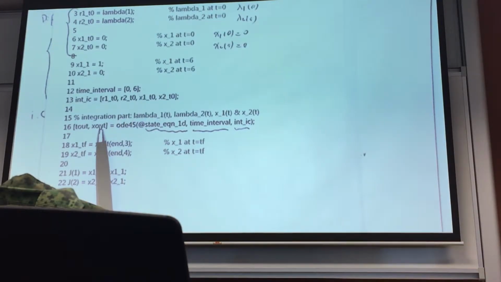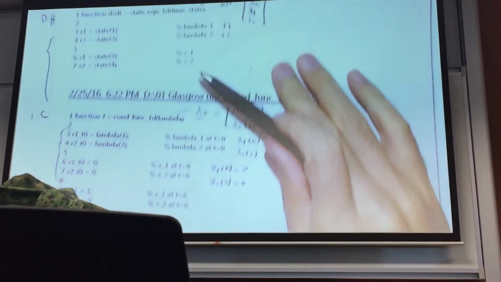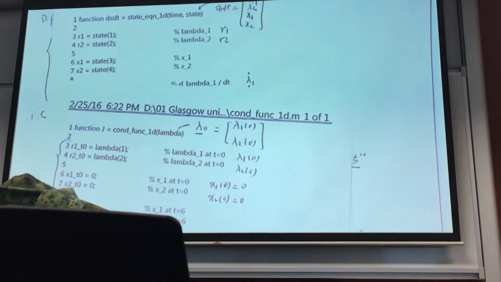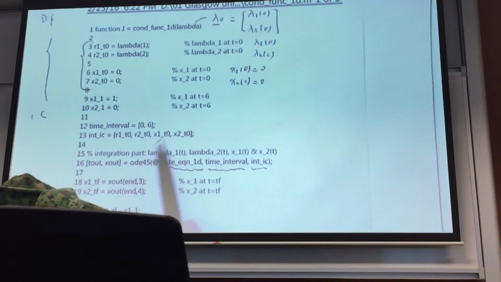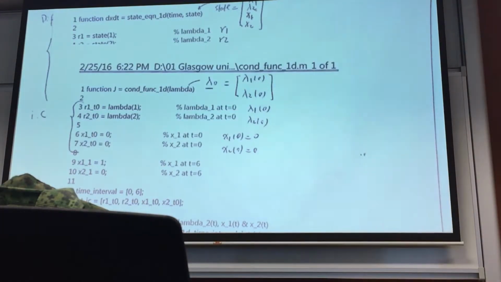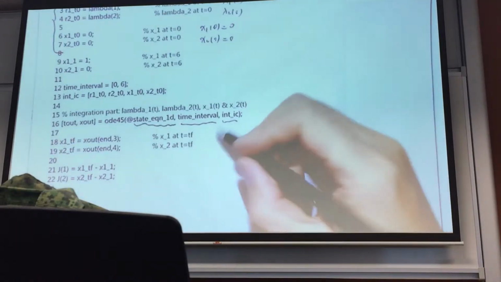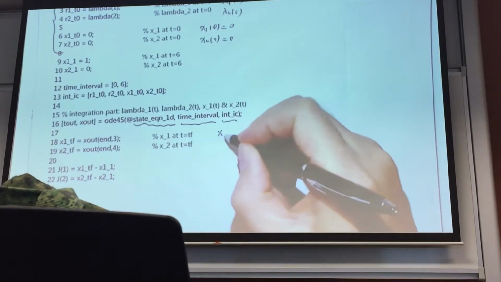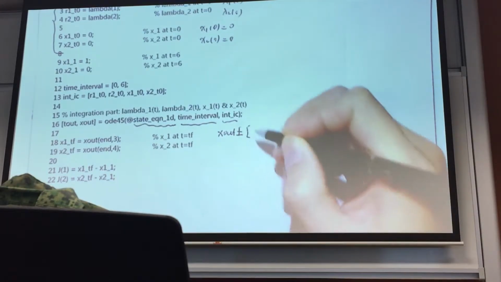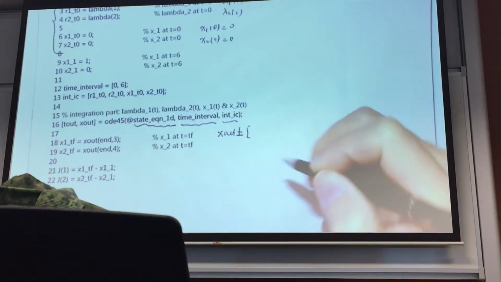Because here we define four components, this x out will be the trajectory of these four functions. Eventually this x out will be a matrix.